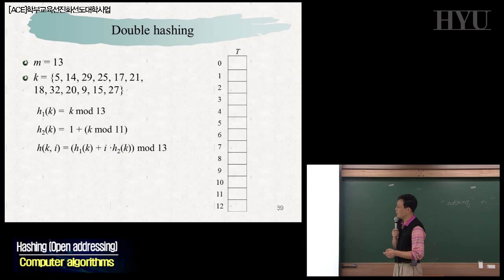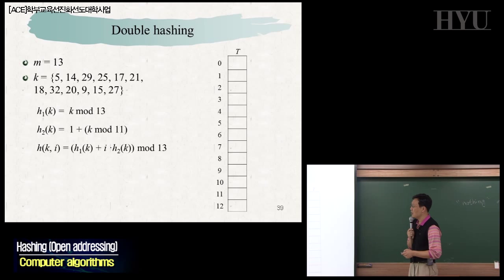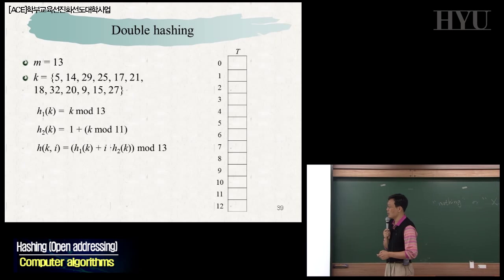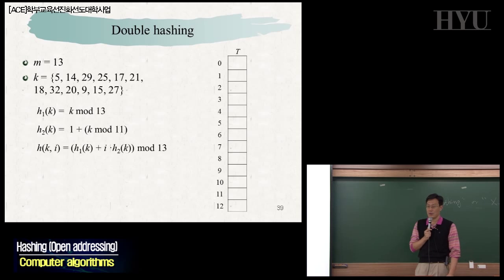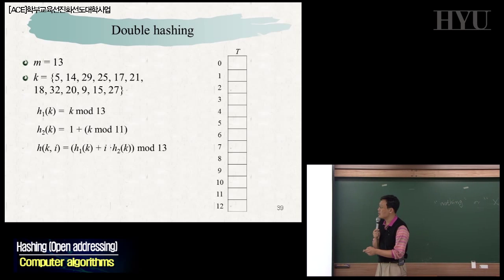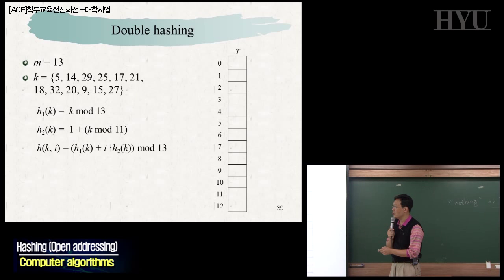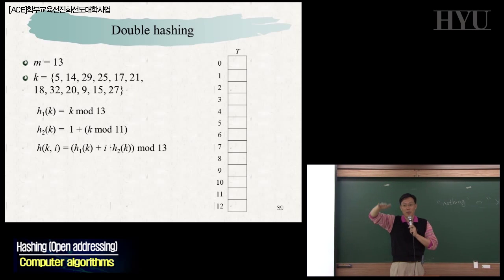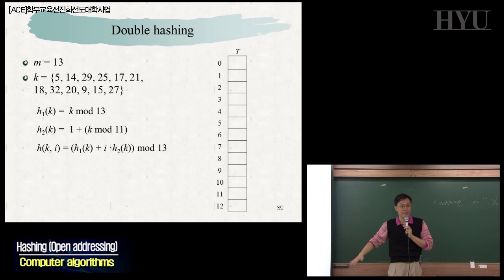In this example, the initial hash function is like this, and the second hash function is 1 plus k modulo 11. And let's see the difference. Even though two keys have the same value for their first hash function, their second hash function values are different. So, the probing sequences are different. That is the idea of double hashing.